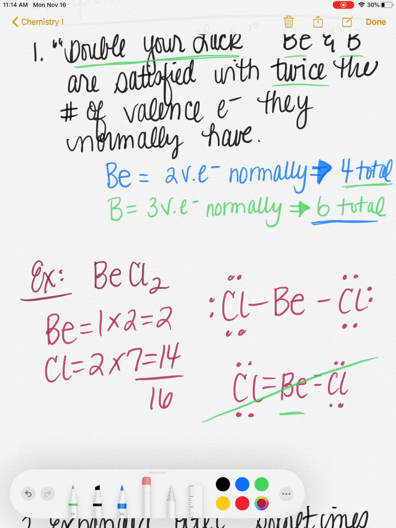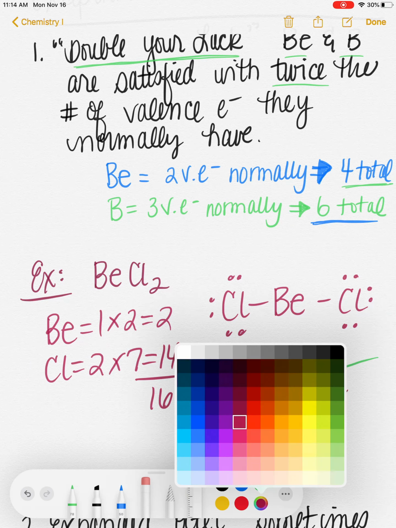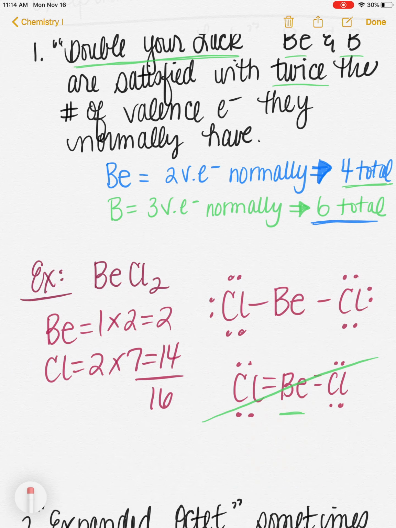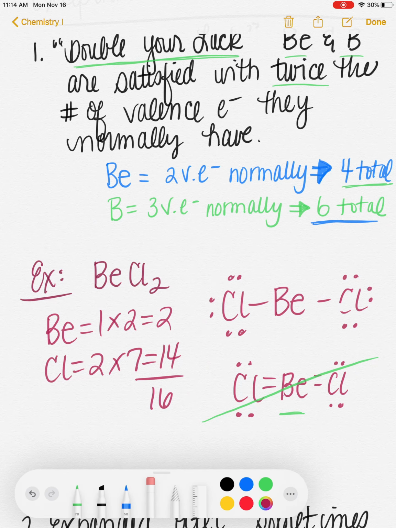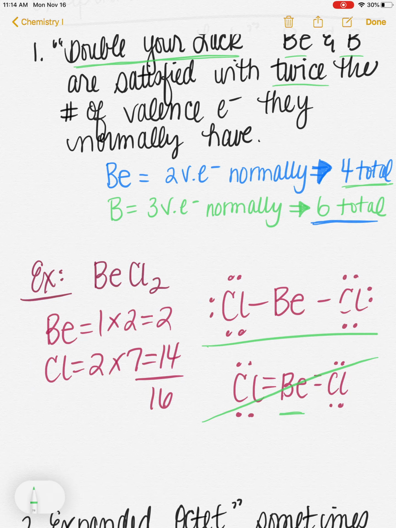So what happens is, beryllium's kind of like the poor little element that gets bullied by chlorine, and it says, here, chlorine, I'll share my electrons with you, but that'll give me 4 electrons, which is twice what I started with, and then we're just gonna call it good and be done at this point. You can share your 1 pair with me, and then I'm good, and we'll move on our way here.